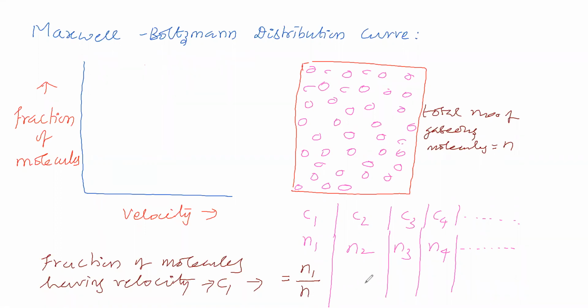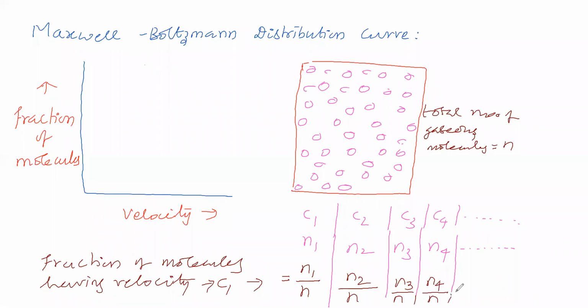Similarly, fraction of molecules having velocity c2 is the number of molecules having velocity c2 by the total number. In this way, for c3 and c4 also.